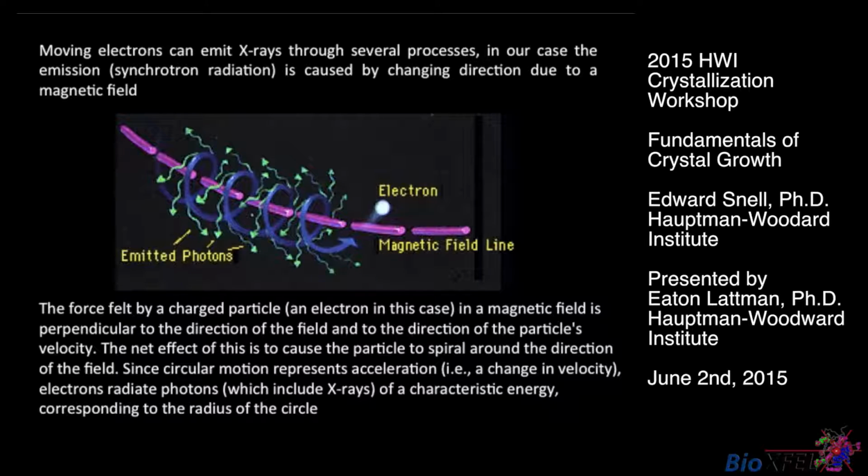And these emit photons. Remember that the force exerted on an electron happens both perpendicular to the direction of its motion and perpendicular to the magnetic field. It's the source of the so-called right-hand rule that you met in elementary physics. So this represents a strong way of producing radiation.